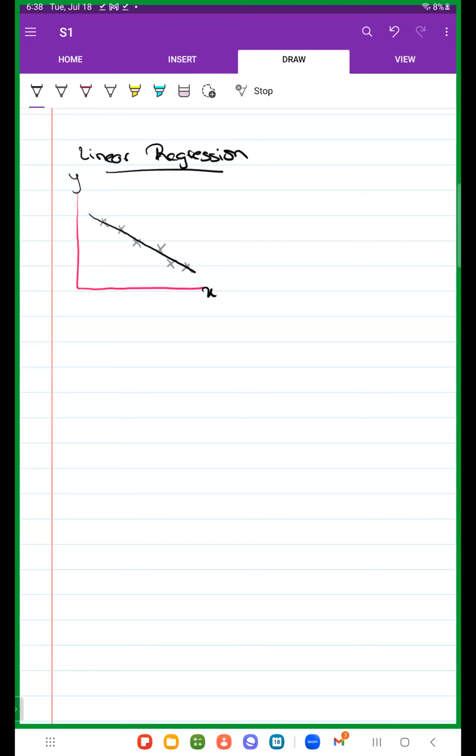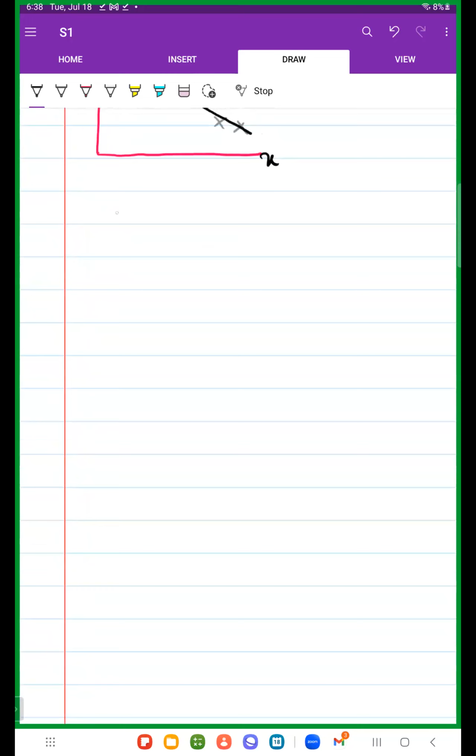You don't need to know this. Now there is a formula for the regression line, which has an equation of y is equal to a plus bx. Over here, b is basically the change in y for each unit of x. According to my equation of y is equal to mx plus c, what is b?